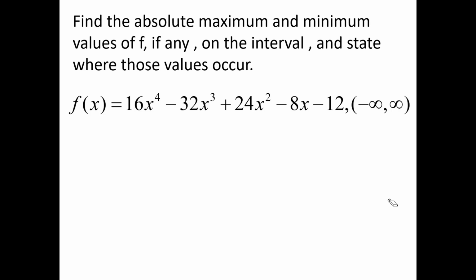Okay. So find the absolute maximum and minimum values of f, if any, on the interval and state where those values occur. Okay, so there are several ways to approach this problem, right? We're going to approach it trying to use the last theorem.